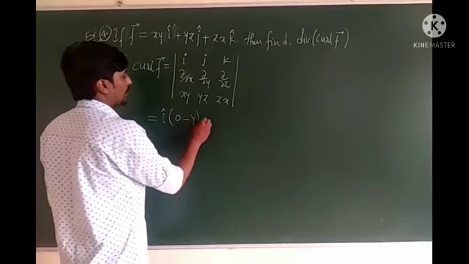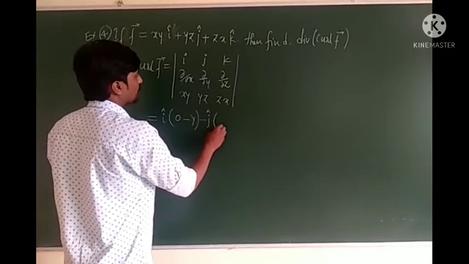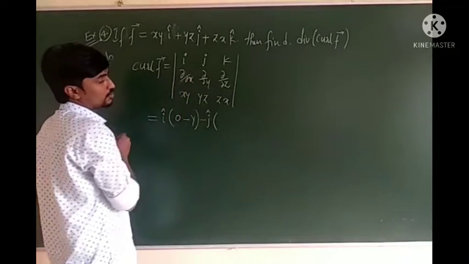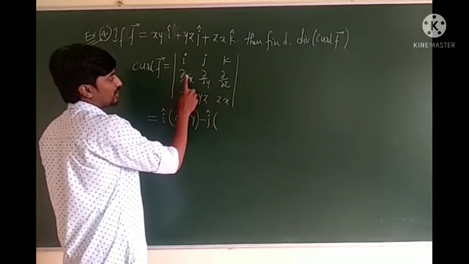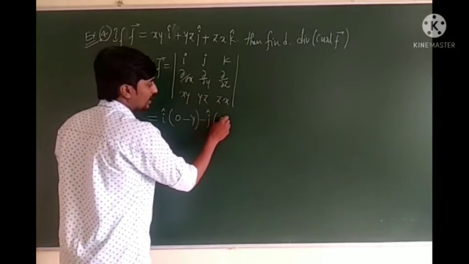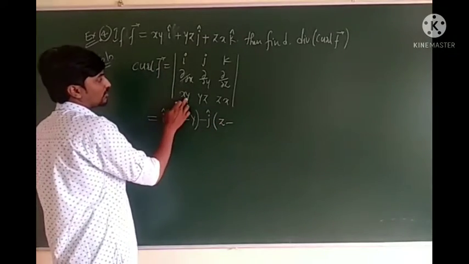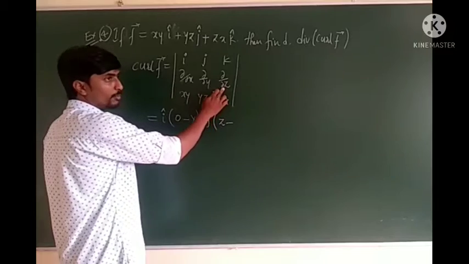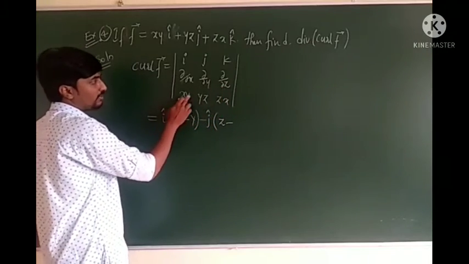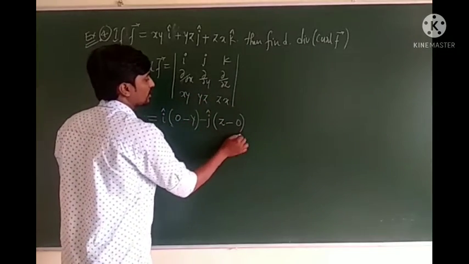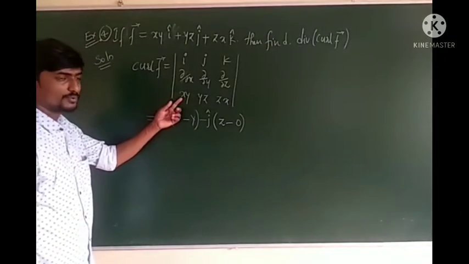Next minus j. Now z into this: differentiation of x with respect to x is 1, so z remains as it is. Next minus xy into dou by dou z. Differentiation of this with respect to z is 0, because the term z is absent.